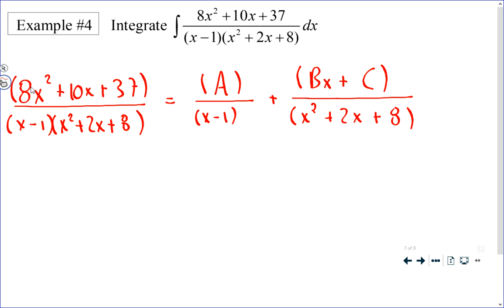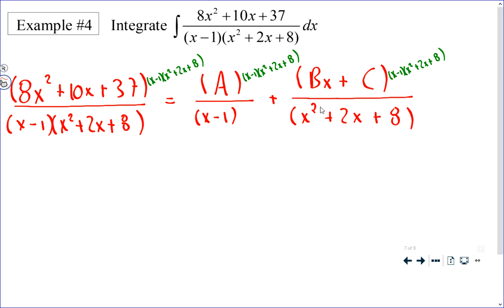Again, what we're going to have to do is multiply both sides of this equation by the common denominator. Once again, I've jumped ahead here. I'm multiplying both sides of the equation by that common denominator. The purpose, of course, is to have canceling occurring.